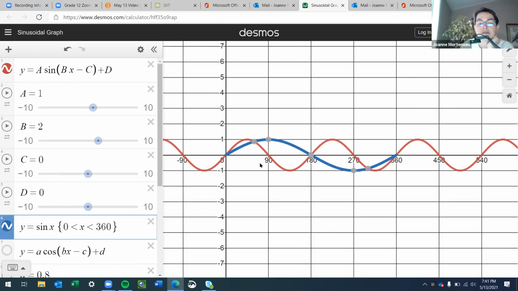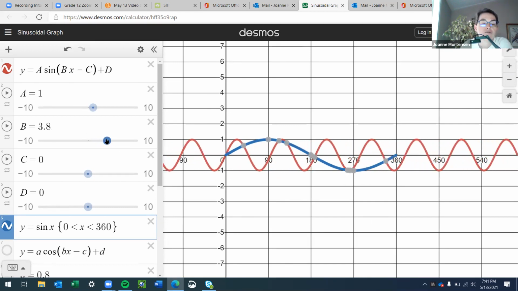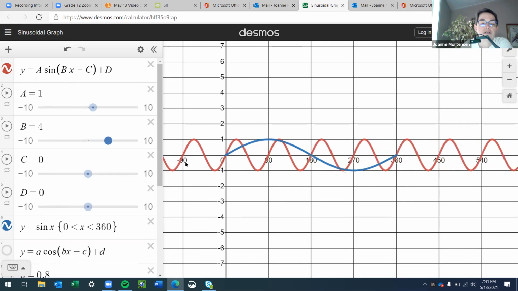So when B is 2, I get 2 periods within 360. If I set it to 4, I get 1 cycle, 2 cycles, 3 cycles, 4 cycles. So B actually tells me how many cycles you get by the time you get to 360.